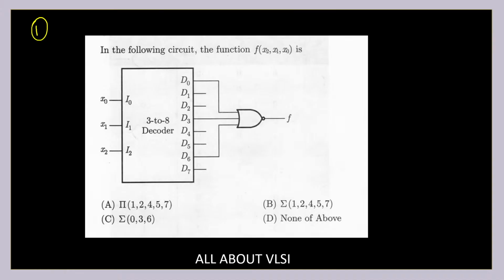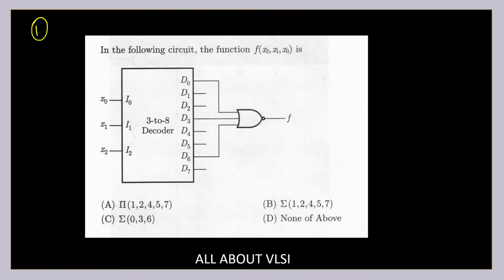We have been given a 3 cross 8 decoder, and we are asked to find out what the function f of x2, x1, x0 is. You can take 2 minutes, try to solve this, and let me know in the chat. Your time starts now. In the following circuit, the function f of x2, x1, x0.